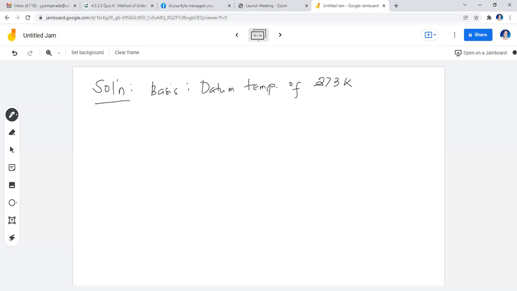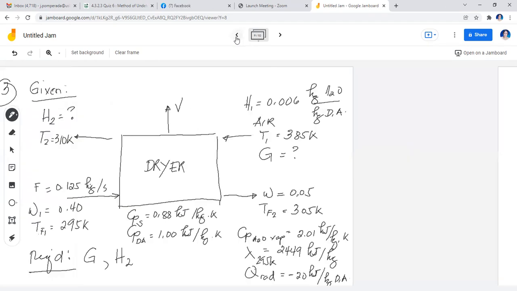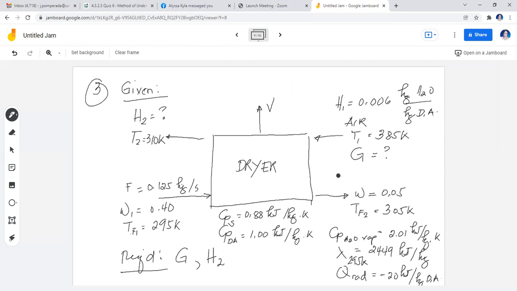So we will start with the Q that enters our dryer, the total energy that is entering our dryer. So we will label our streams in this case properly. That way we can account for this particular energy. So going back to our given, we have here actually 5 streams.